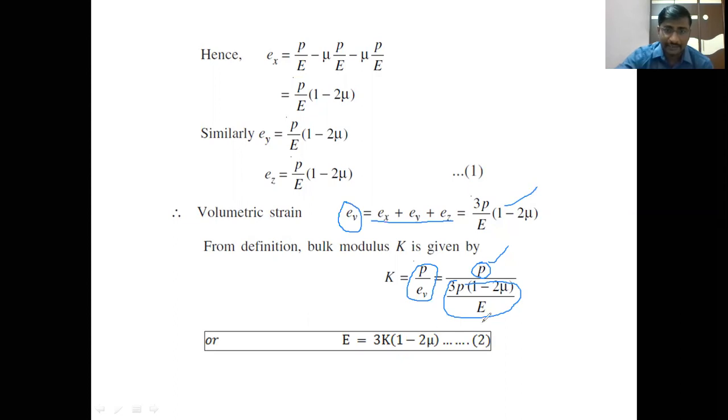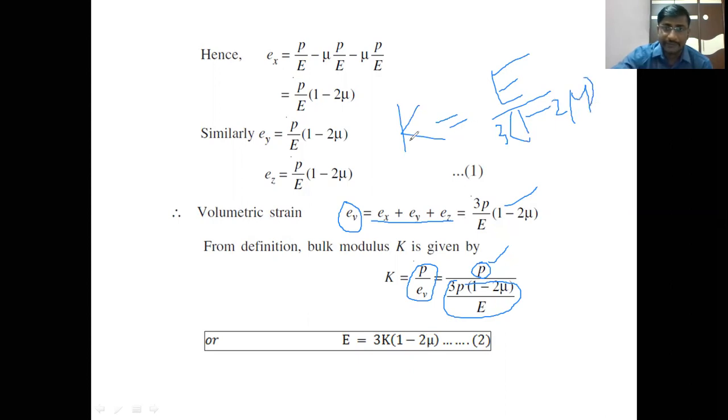P cancels. Therefore, after cancelling the P, K is equal to E divided by 3 into 1 minus 2 mu. The equation becomes like this.